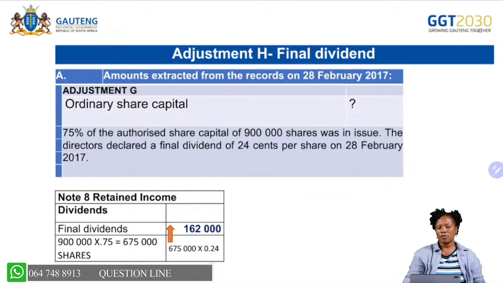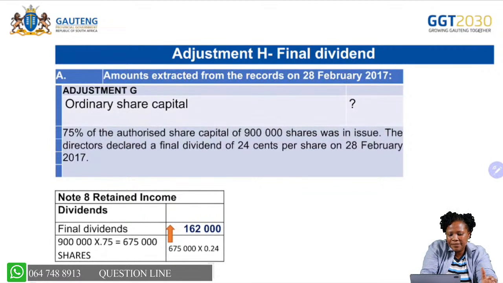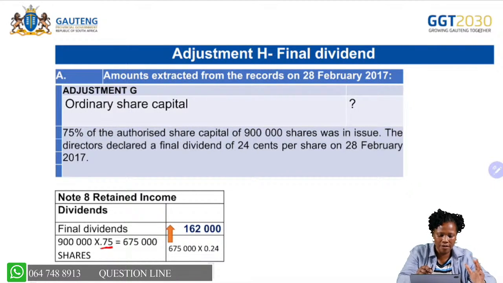So this is our calculation for that. We're going to say 900, you authorized, multiplied by 75%. This is how you can also express it. 0.75 if you want to save time. And that is going to give you 675,000.